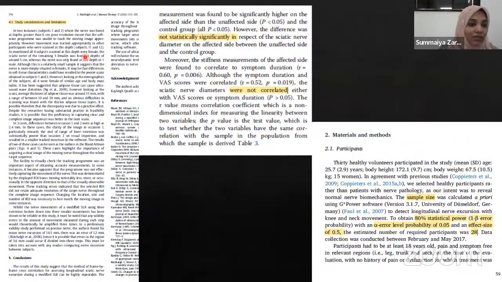Now look at the limitations. This is just like another discussion. 1, 2, 3, 4 paragraphs. This title is only study considerations and limitations. And I think if you have seen, their limitations also have references. So they're saying that this person found an error of 1.2 mm, and we found an error of so and so.